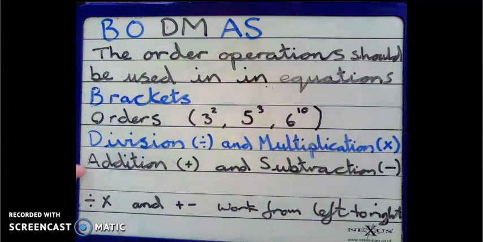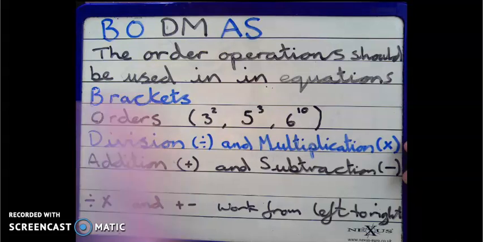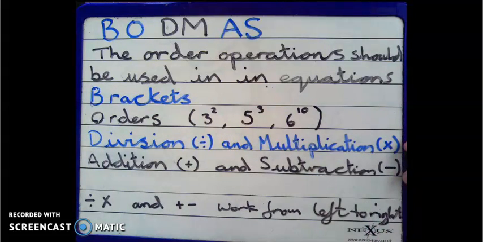Finally, any addition and subtraction. Now with these two, they are equally important. And because division and multiplication are equally important, we just work from left to right. Same with addition and subtraction, they are of equal importance, so we work from left to right.